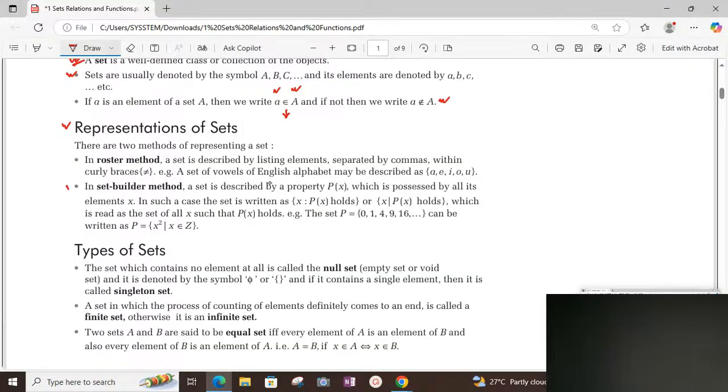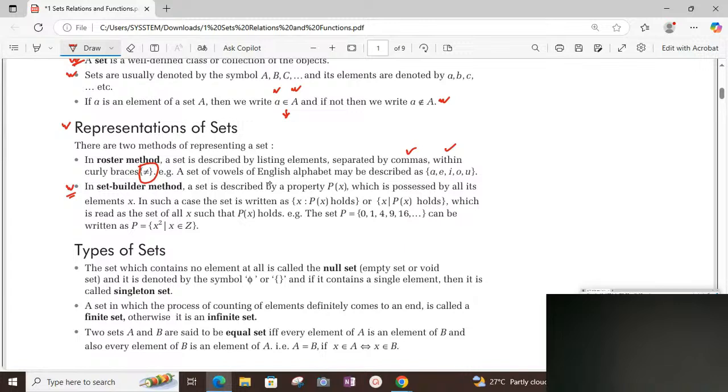The second method to represent a set is the set builder method. Another name of the set builder is the rule method. In the roster method, a set is described by listing elements separated by commas within curly braces. Another name for curly braces is middle brackets.